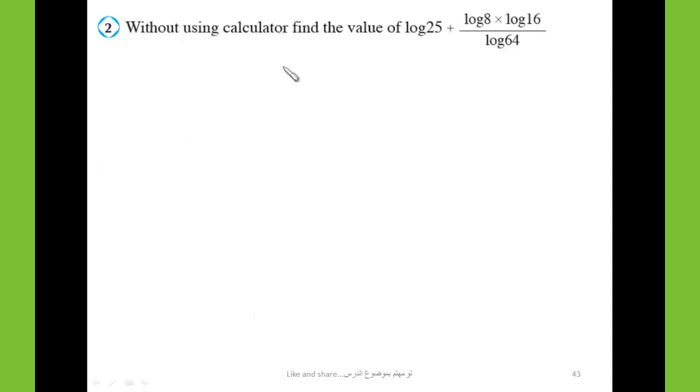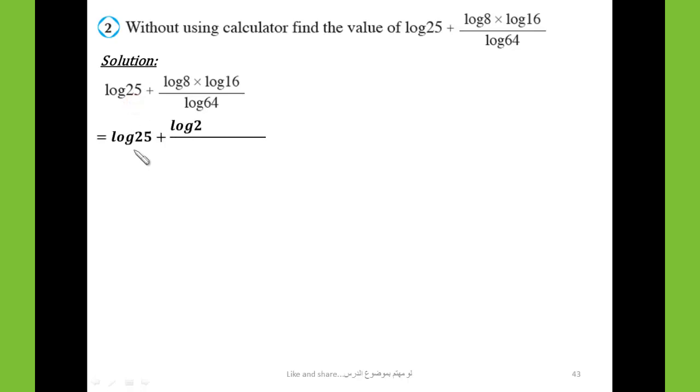2. Without using a calculator, find the value of log 25 plus log 8 multiplied by log 16 over log 64. Solution. We write it again: log 25. Log 8 equals log 2 power 3, as 2 power 3 equals 8: 2 times 2 times 2 equals 8.